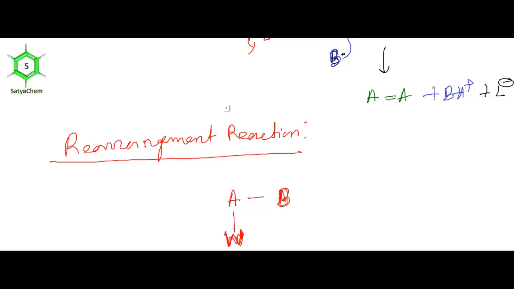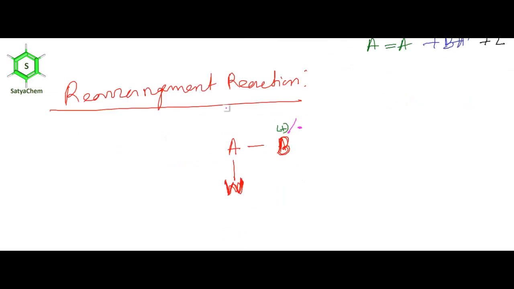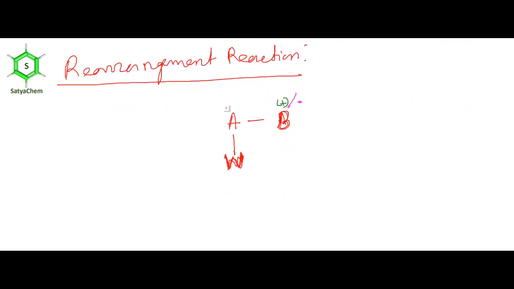B carries either a positive charge or an unpaired electron. First we'll consider that B carries a positive charge. Let's see what happens if B carries a positive charge.